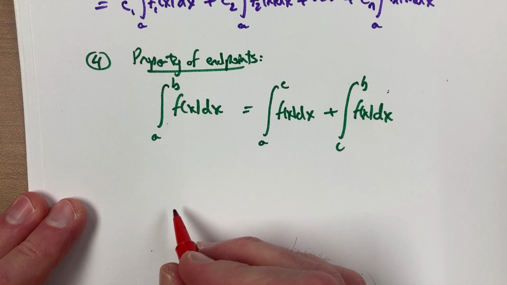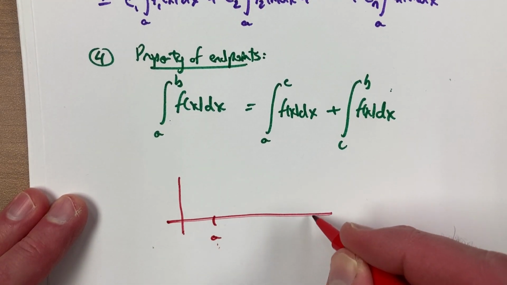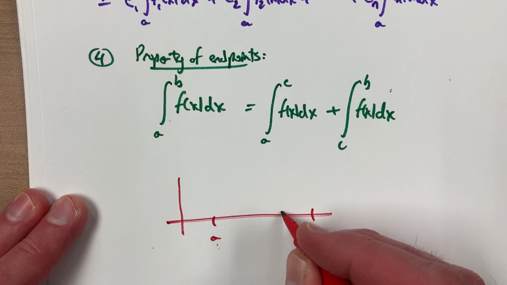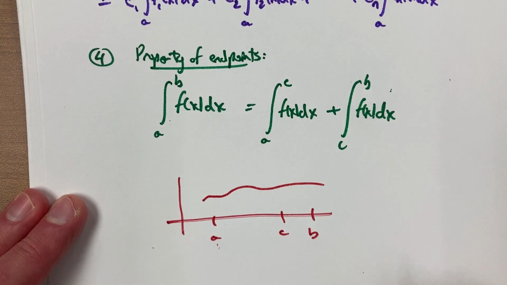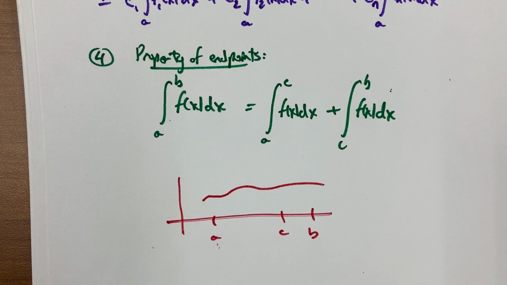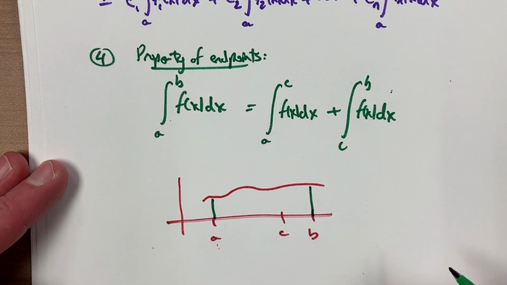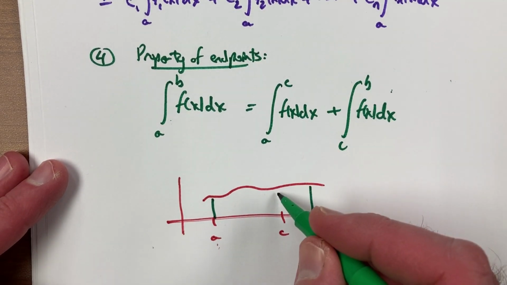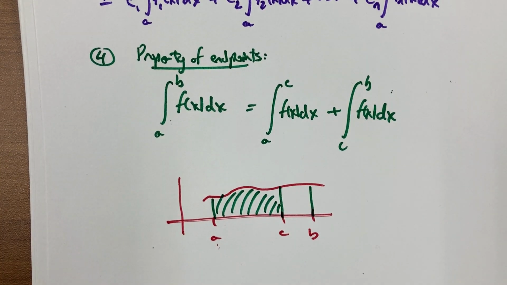So it's not in alphabetical order here. If a is here and b is here, c can be any number between a and b, like maybe there. And geometrically, what this is saying is the area under the curve from a to b can be broken into two pieces. The area from a to c plus the area from c to b.